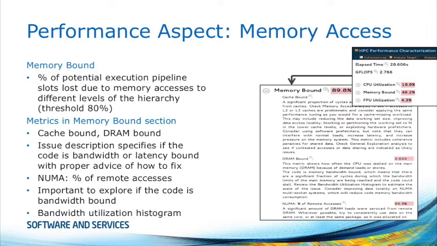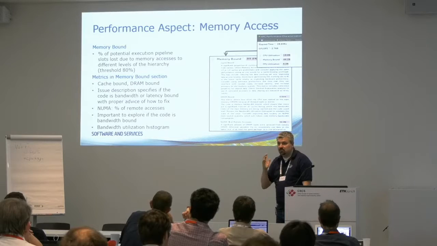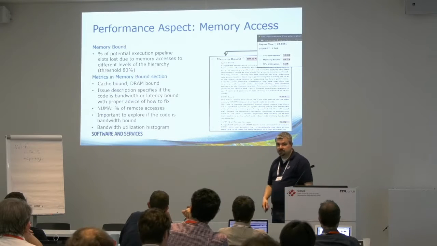And it also shows you a bandwidth utilization histogram so that you can see if you're maxing out the memory bandwidth, first of all, and if you do that all the time. When you look at real applications, there are spikes in the memory bandwidth usage just to drop down to almost 0, and then it goes up again. Right? And then you can look at those drops to see what the code is doing while it is not using all the memory bandwidth that is available, and then you can potentially change your algorithm so that it does.